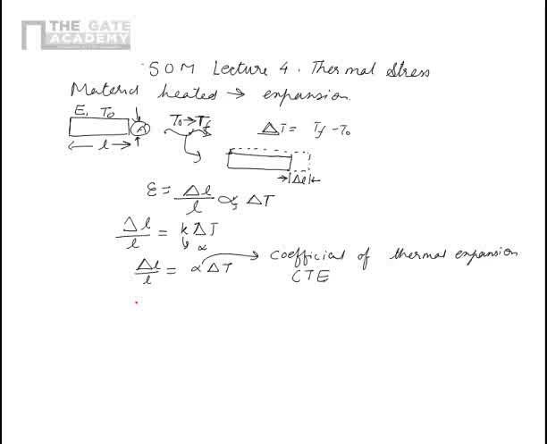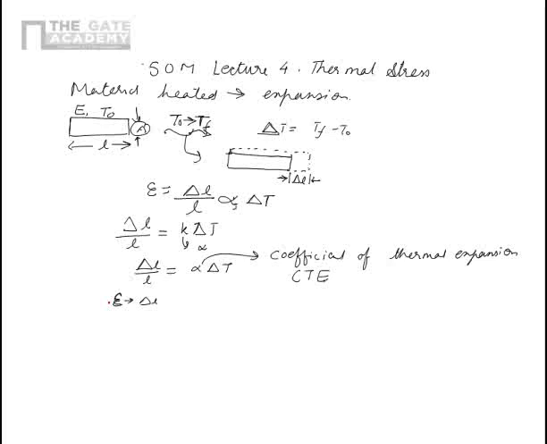Now let's see what happens if there is a strain. So the strain causes a change of length. Obviously we have seen from previous lectures that if there is a strain, then there is a stress, but that's not the case with thermal expansion, especially free thermal expansion, which is like this.